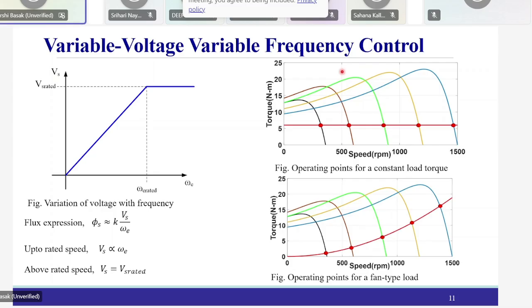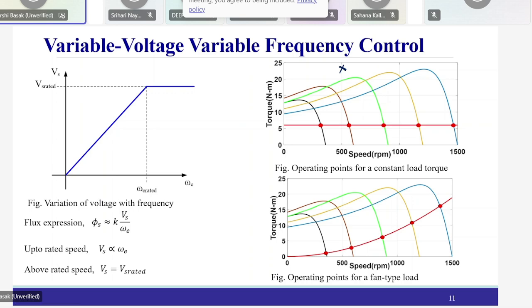Why, we will investigate later, but now we have to achieve it at 500 RPM. I want to go for 22 Newton meter. That means at this point, I want to go to this point. I want to achieve 22 Newton meter.